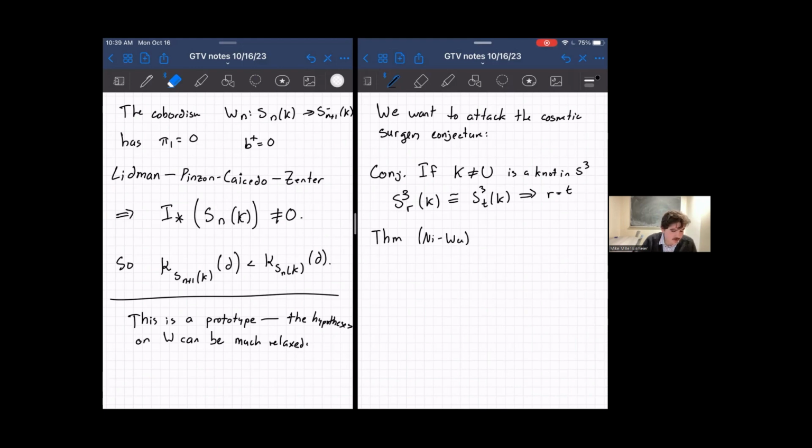Two in particular are Ni and Wu's result that in the situation of the cosmetic surgery theorem, if I have two slopes that give me the same manifold, in fact, the slopes must be opposite to each other. Either they're the same slope or one is the negative of the other.